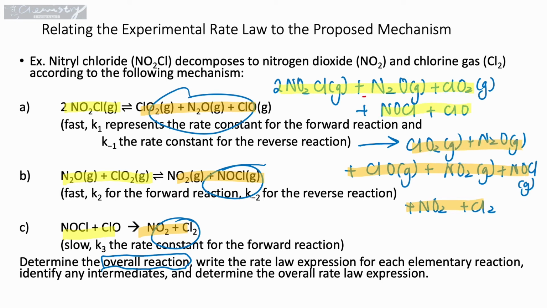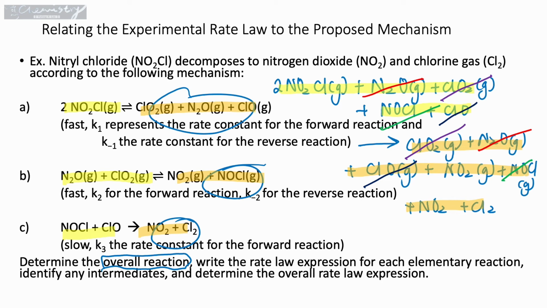So NO2, NO2, ClO2, ClO2, NOCl, NOCl, and ClO, ClO. So the overall reaction is us writing down what is left after we cross everything out.